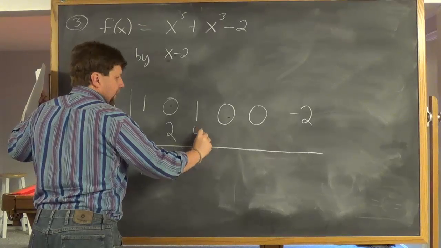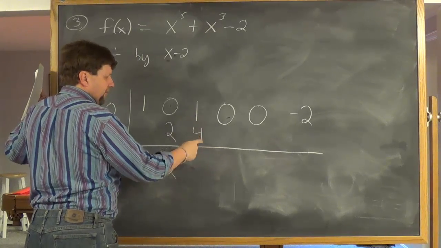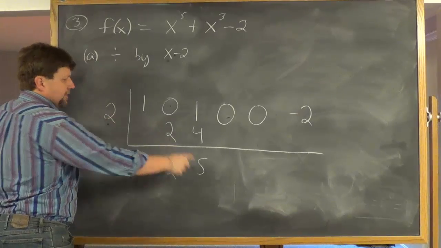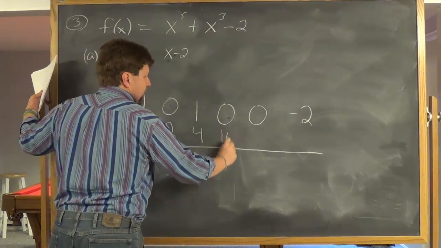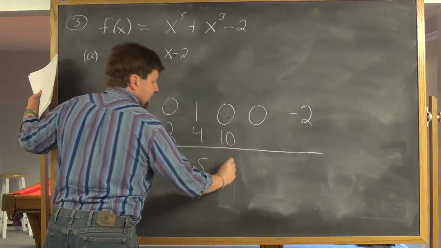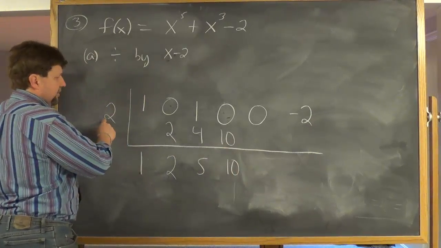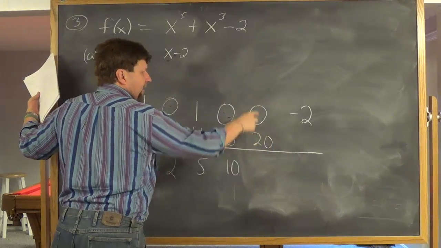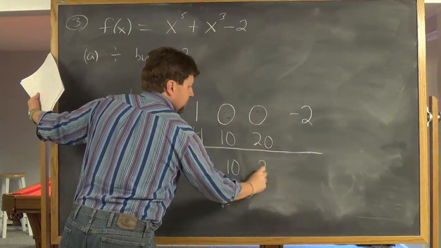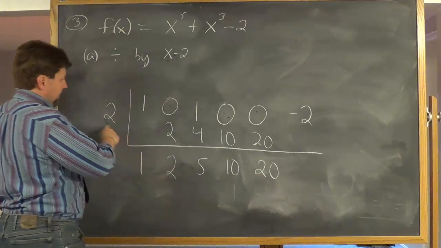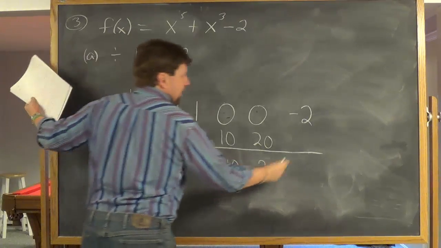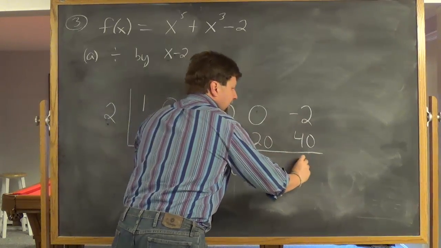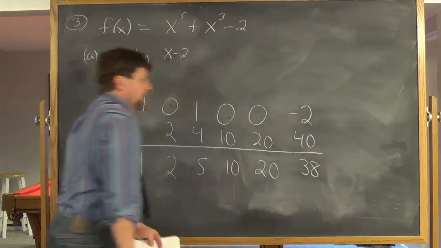You put 4 here. 1 and 4 is 5. 2 times 5 is 10, so you put 10 here. 0 plus 10 is 10. 2 times 10 is 20. Add 0 and 20 is 20. And then finally, 2 times 20 is 40, and then you add and you get a 38.